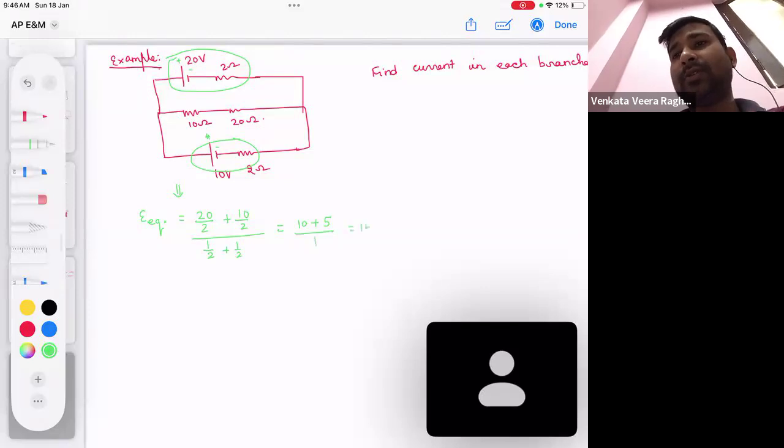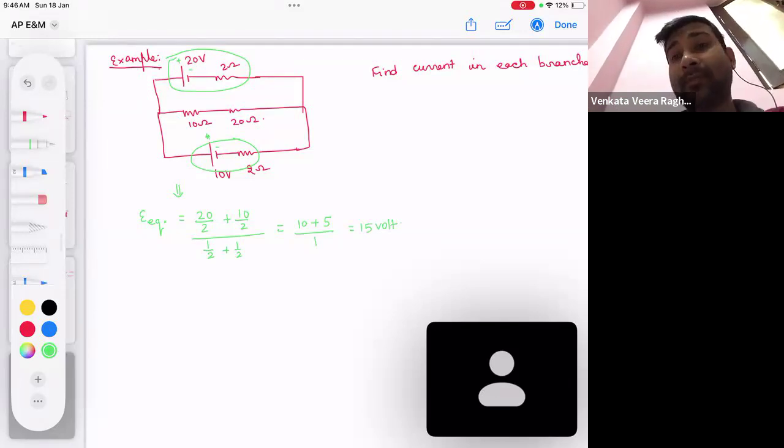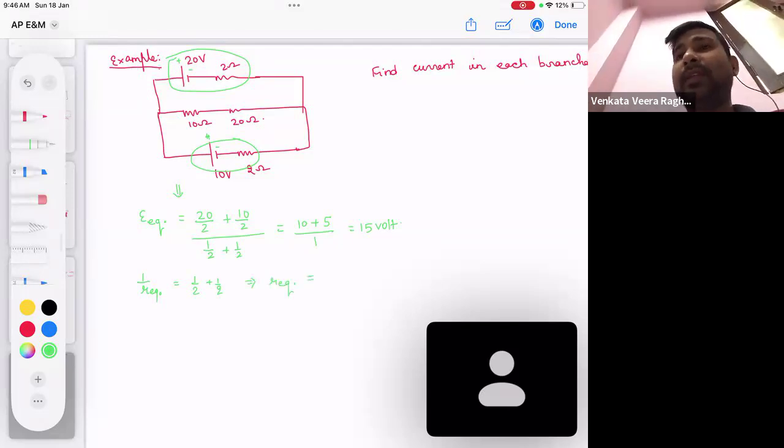So 15 volt. That means the equivalent EMF of this battery is 15 volt. Equivalent internal resistance, how much will it be? 1 by 2 plus 1 by 2, so we got the R equivalent as 1 ohm.